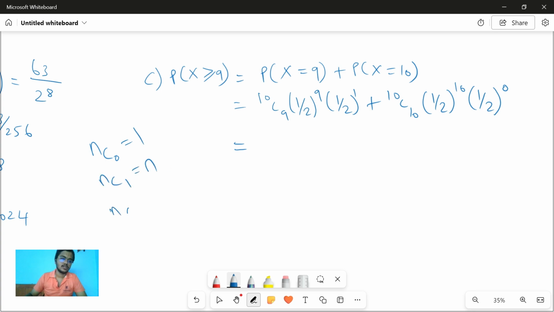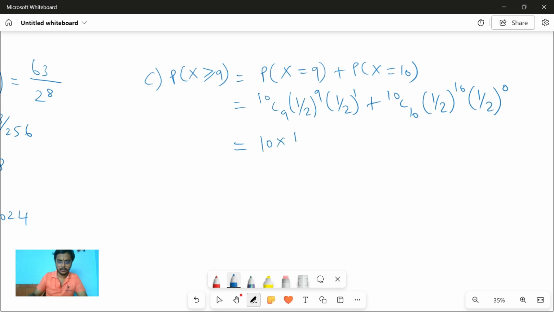You can write nCx is always equal to nC(n−x). Here our x is 9, so 10C9 equals 10C(10−9), which is 10C1, which is 10. So you can remember this.